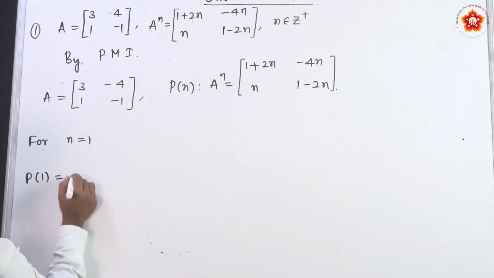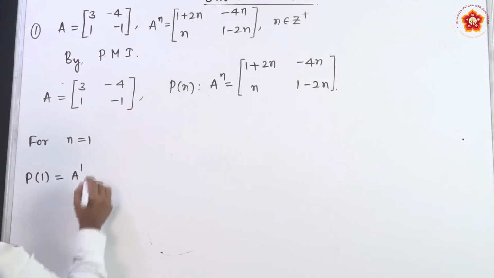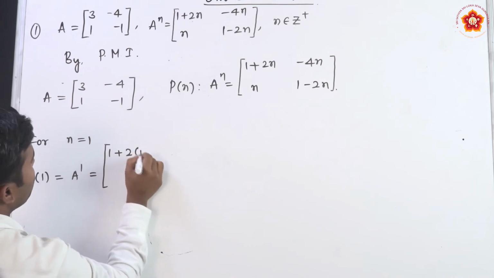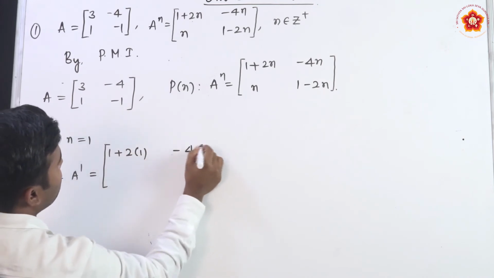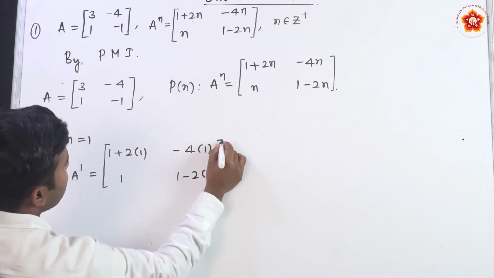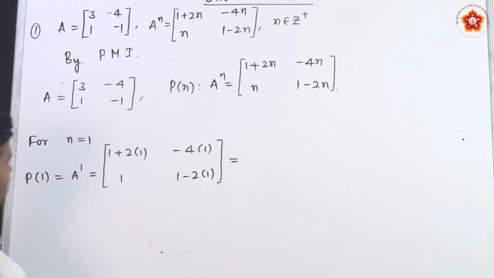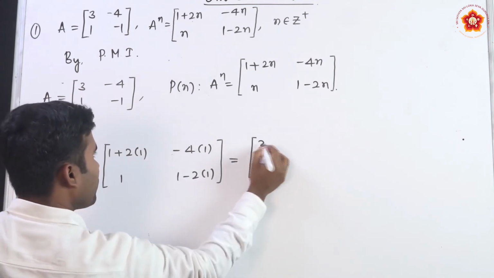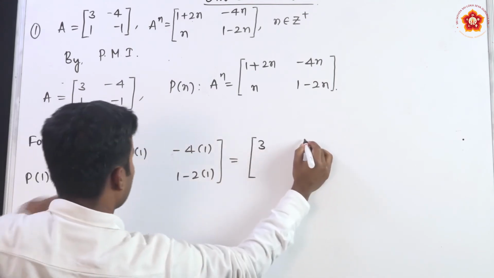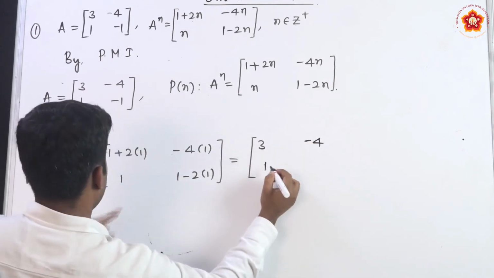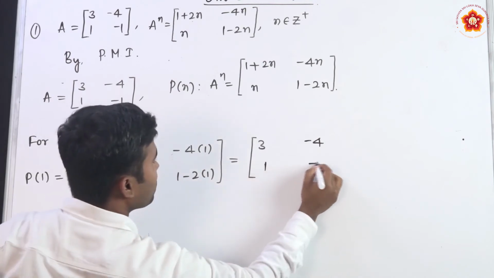So, P of 1 is equal to A power 1 is equal to 1 plus 2 times 1, minus 4 times 1, 1, 1 minus 2 times 1. What is this? So, obviously, this is equal to 1 plus 2, it will be 3, and minus 4 into 1 is minus 4, and 1, and 1 minus 2 is minus 1.